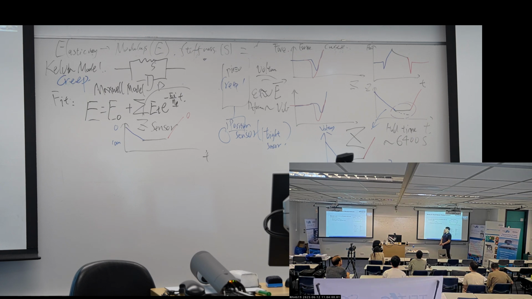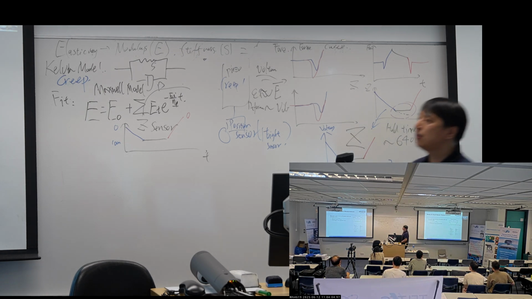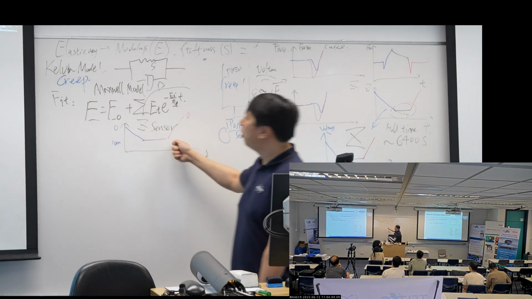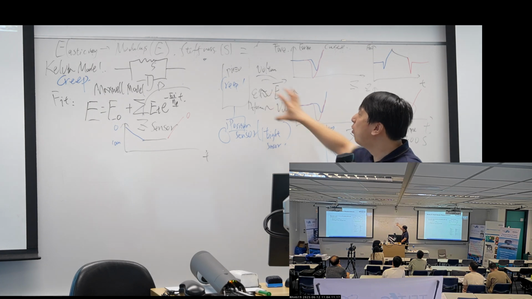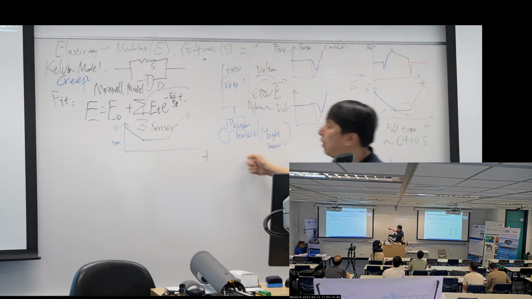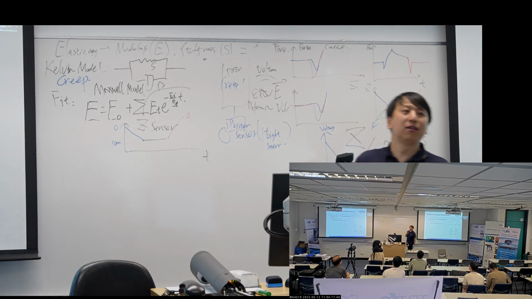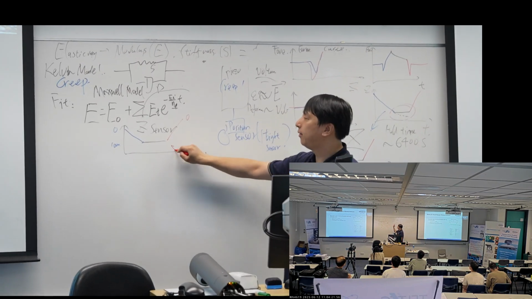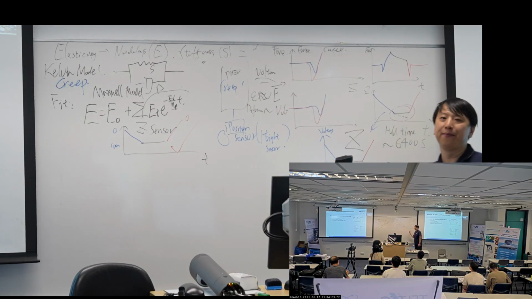That's how we do it. But of course, if you hold the Z sensor, it will use the sensor to monitor the position, and the piezo voltage will change, but the Z sensor will be a constant. We highly recommend the Z sensor, not holding Z.